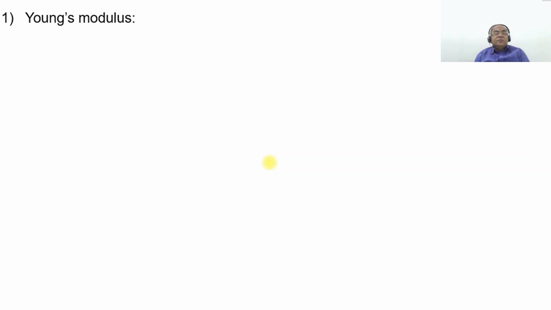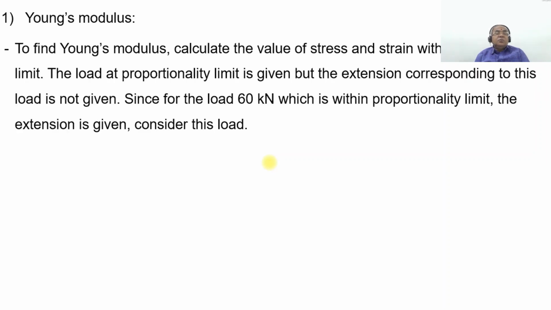So to do that, first, what is the Young's modulus? To find the Young's modulus, calculate the value of stress and strain within the proportional limit. That is the condition for Hooke's law. The load at the proportional limit is given, but the extension corresponding to this load is not given.